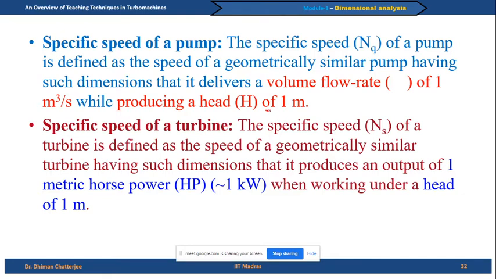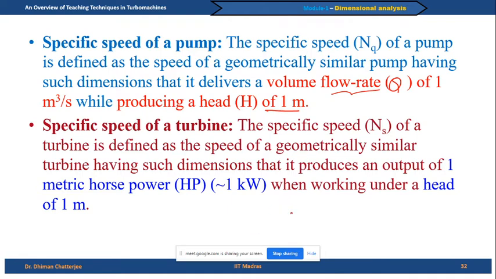So we can see here this is the unit head and this is the volume flow rate. If it is the specific speed of pump, we define it as unit discharge per unit head. If it is the specific speed of turbine, we define it as the speed of a geometrically similar turbine working under unit head and developing unit power.